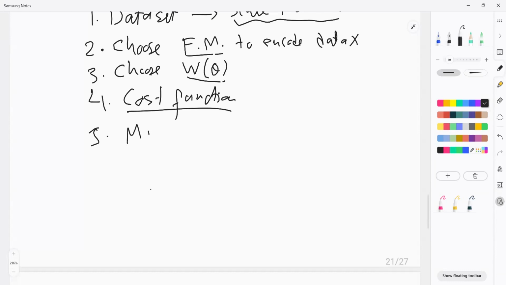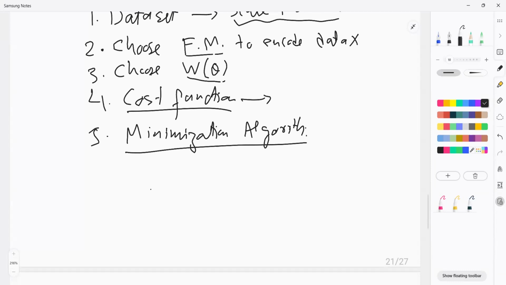And then you run a minimization algorithm to minimize this cost function, and you get the trained weights. Once you have these optimal parameters, you can use them to do the prediction on a data set.